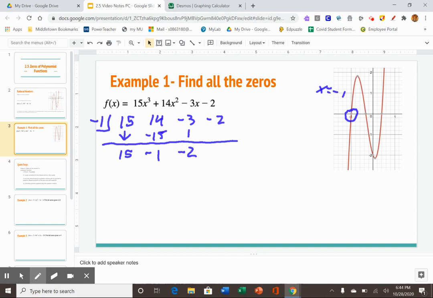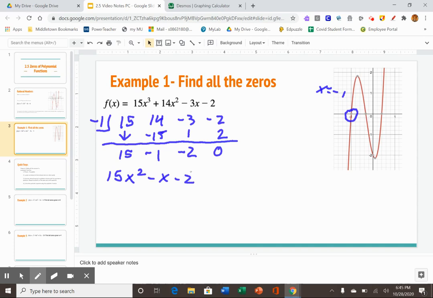And -2 times -1 is 2, I'm sorry. And -2 plus 2 is 0. So we know that x equals -1 is a zero because there is a remainder of 0. So that tells us that x plus 1 is a factor. So we know that's good. So my quadratic is 15x squared minus x minus 2.